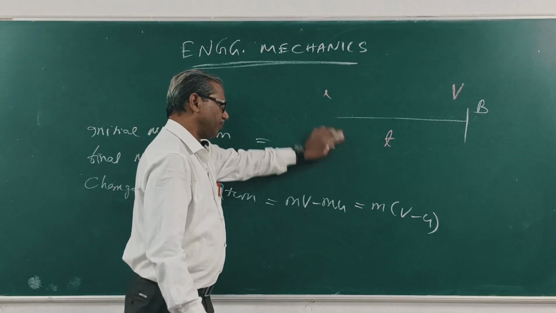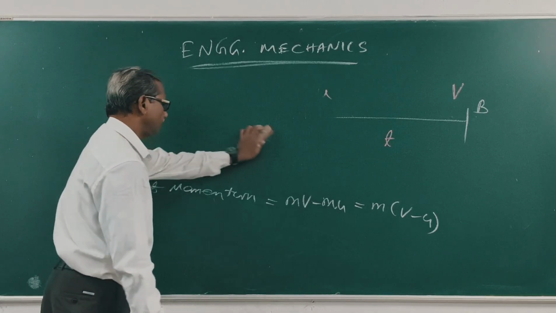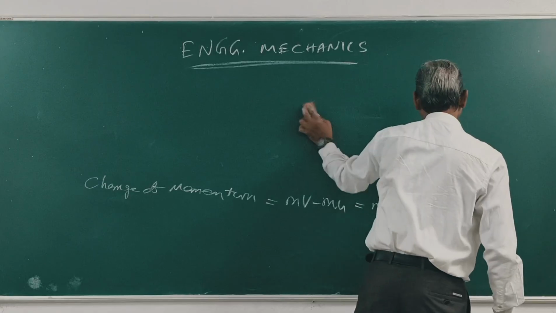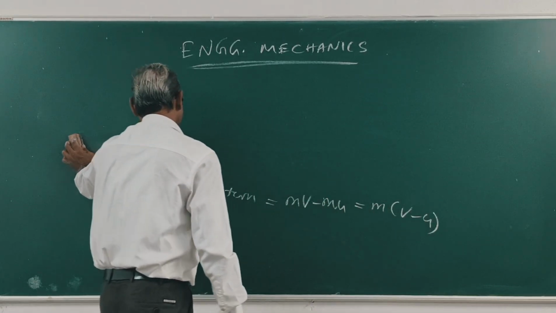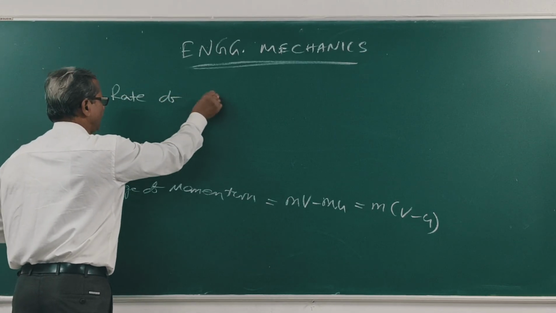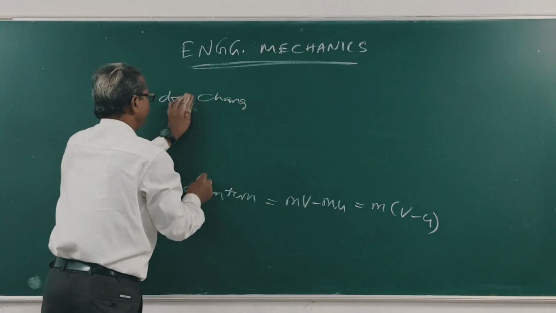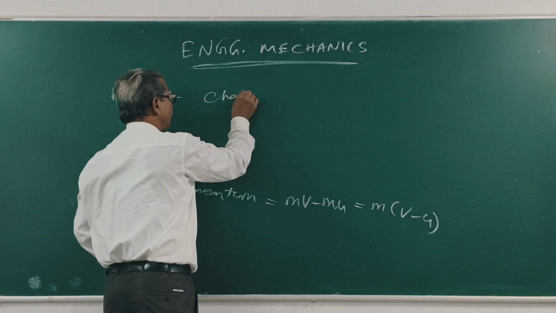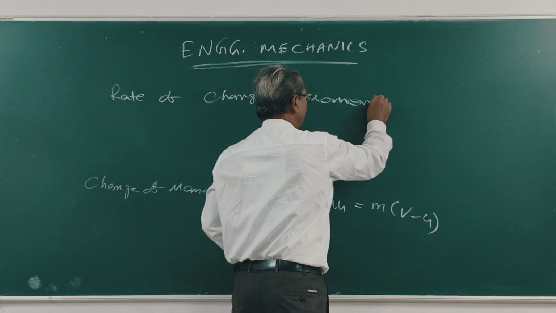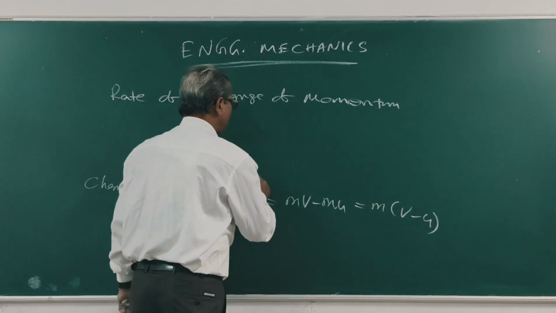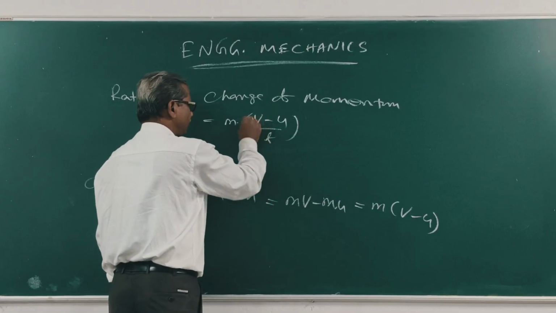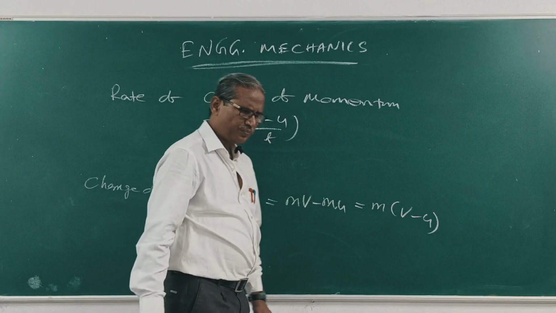Rate of change of momentum is equal to M into (V minus U) by T. Clear?